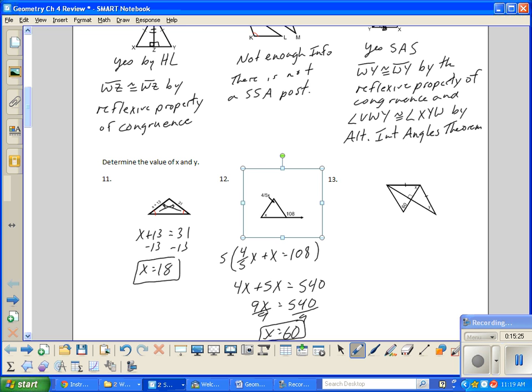Alright, and then 13, I realized that it's actually missing a part that you need to be able to figure out what x and y are. And that's that this side down here should be congruent to those other two sides that are marked congruent.